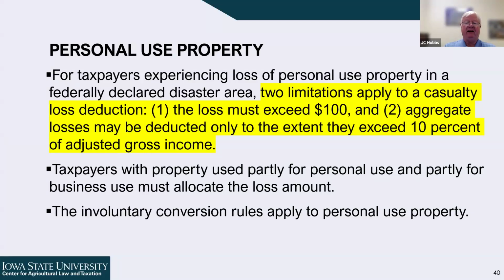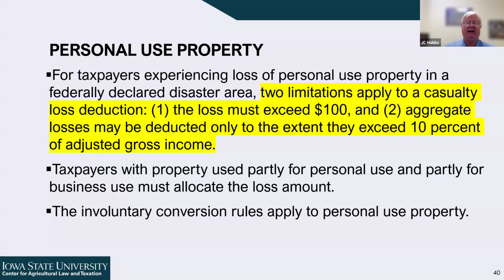Then if you've got property that's partially used for business and partially for personal, say a farm pickup that we use 50% for business and 50% for personal use, for the loss of that we've got to make the allocation. Half of it's personal, half of it's business. You have to compare each part.